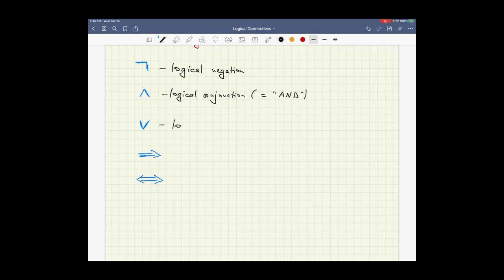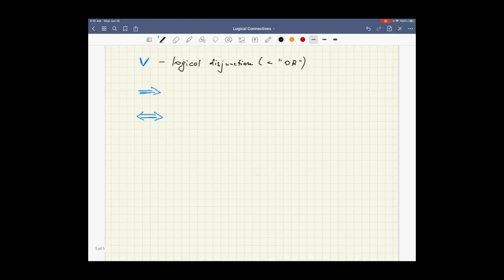Logical disjunction. That means or. Implication. Logical implication, which simply means implies.